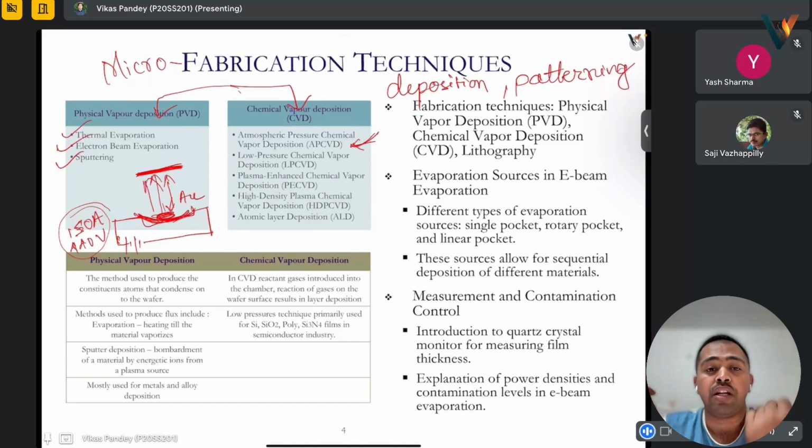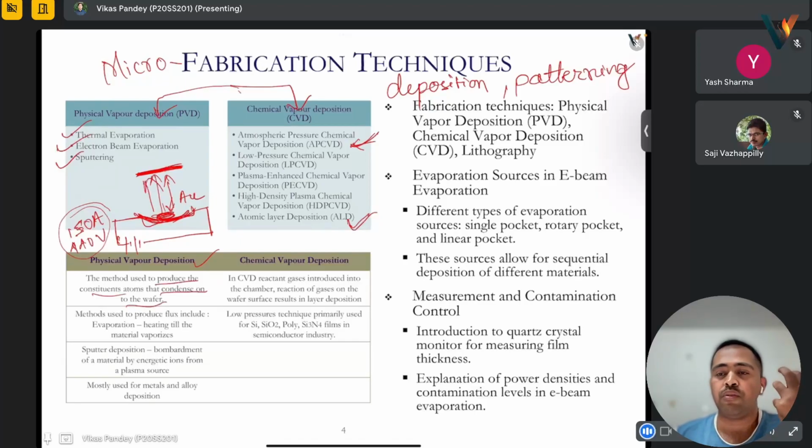Then there is something called atomic layer deposition, where layer by layer, atom by atom deposition takes place. This is also a CVD technique, and it also uses precursors. So how do we differentiate between these two? Physical vapor deposition produces the constituent atoms that condense from the vapor.